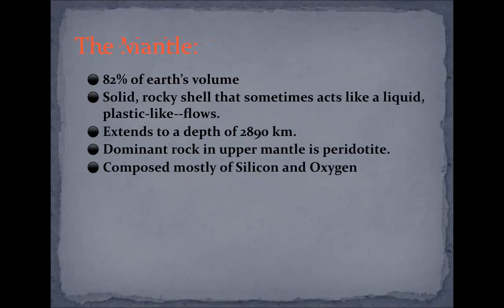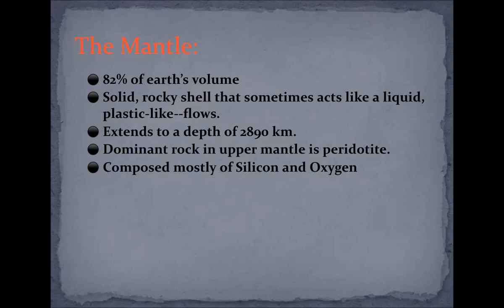All right, now we're going to talk about the mantle. So the mantle is 82% of Earth's volume. Okay, that takes up a big chunk, 82%. So this is a solid rocky shell that sometimes acts like a liquid. Okay, so it's kind of plastic-like and it will flow.